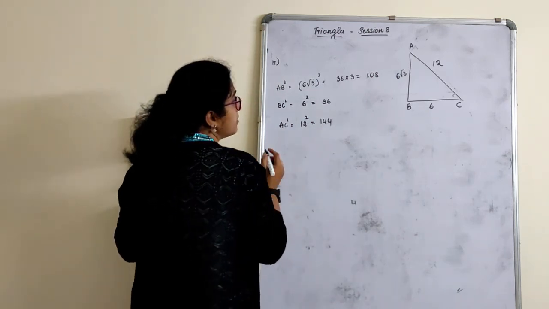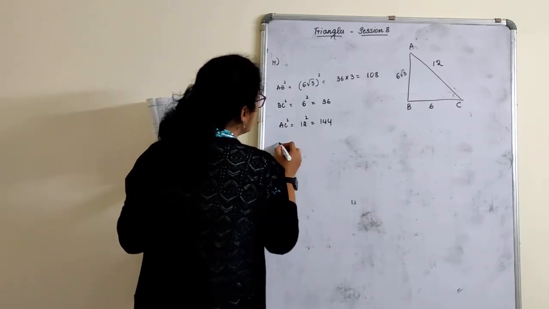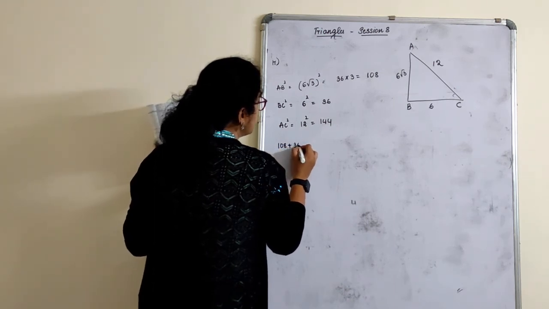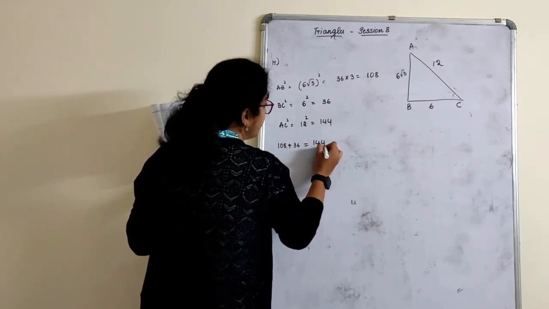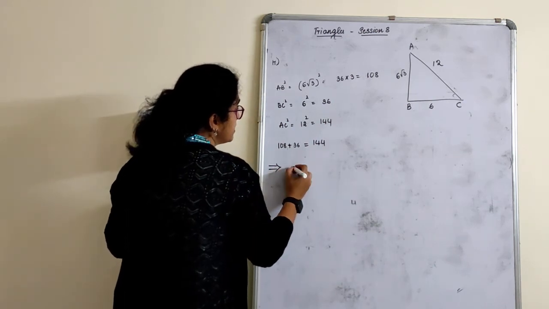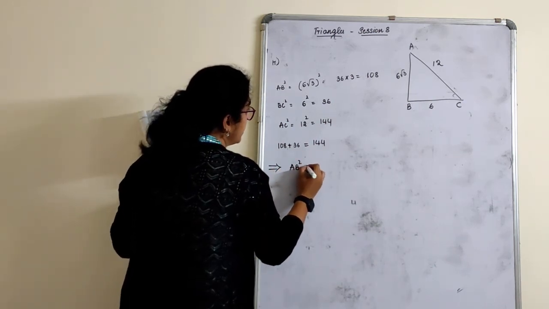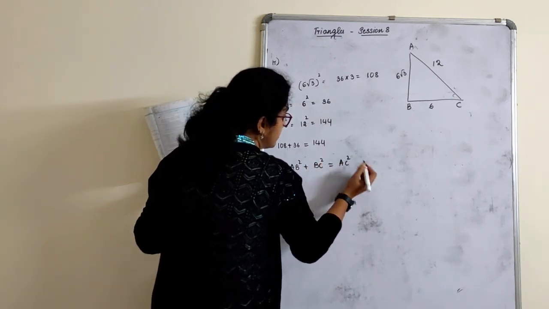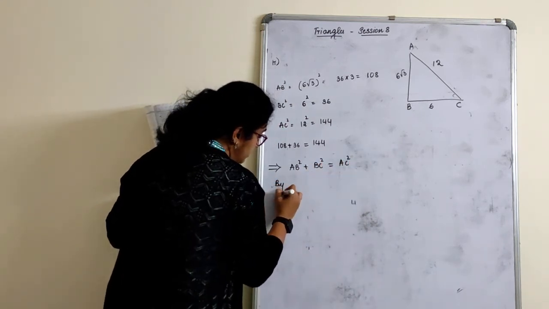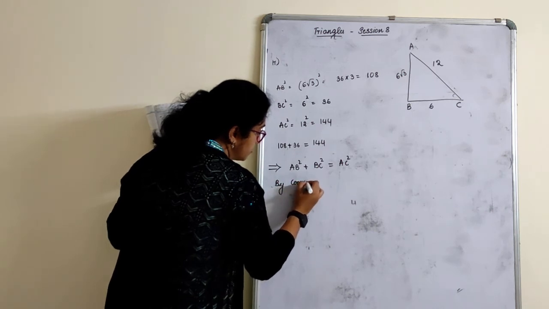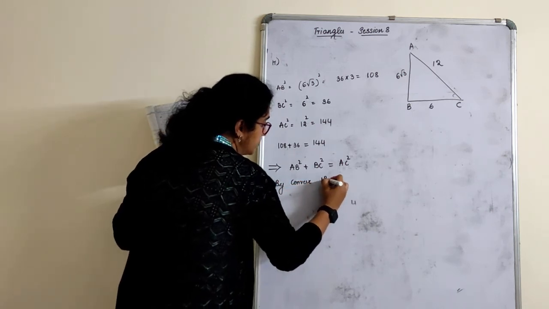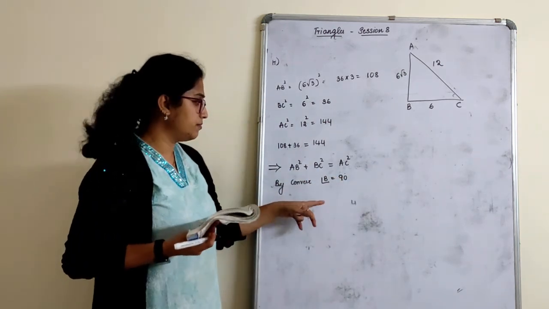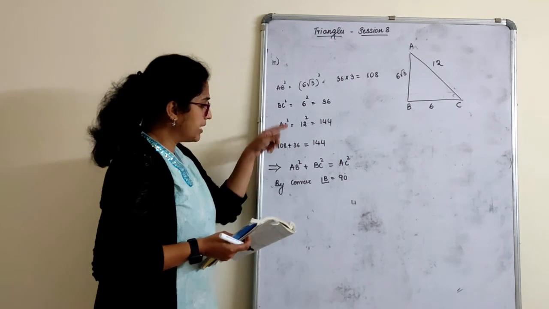If you see here, 108 plus 36 is actually giving you 144. This implies that AB square plus BC square is equal to AC square. By converse, angle B is equal to 90 degrees. Reason is not required here because in MCQs nobody will ask you, but I have just solved it.